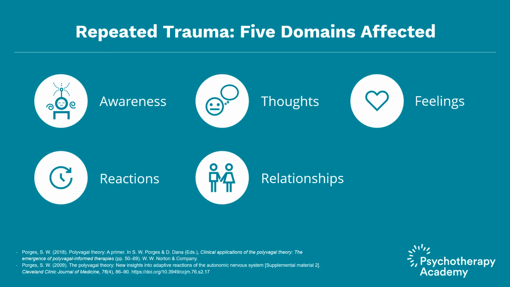So for example, too much awareness or not enough awareness, too much thinking or not enough thinking, too many emotions all at once or not enough emotions, overreacting or underreacting, or even overrelating or underrelating. In other words, being too aggressive or too passive. So DBT is designed to teach a middle path between each of those 2 extremes that we see in each of those areas. So let's summarize with a few key points.